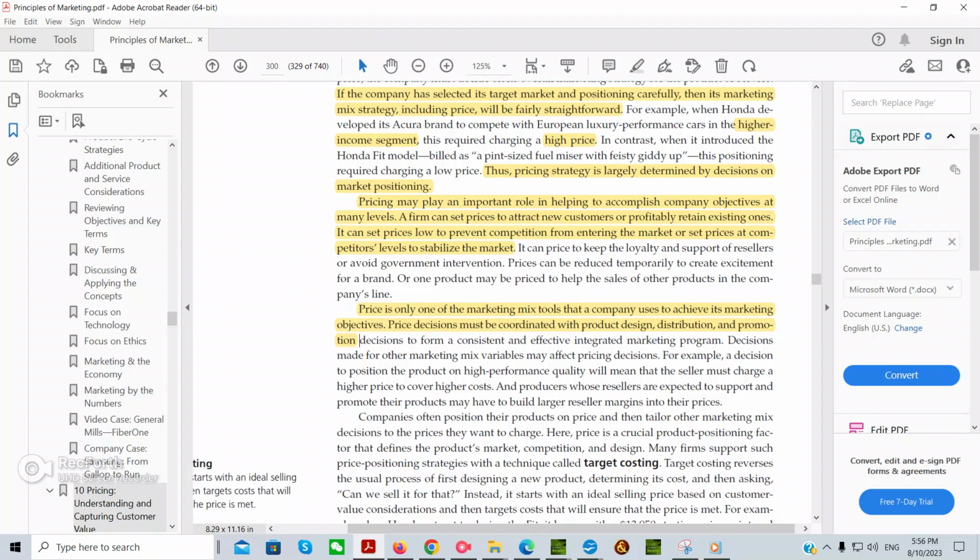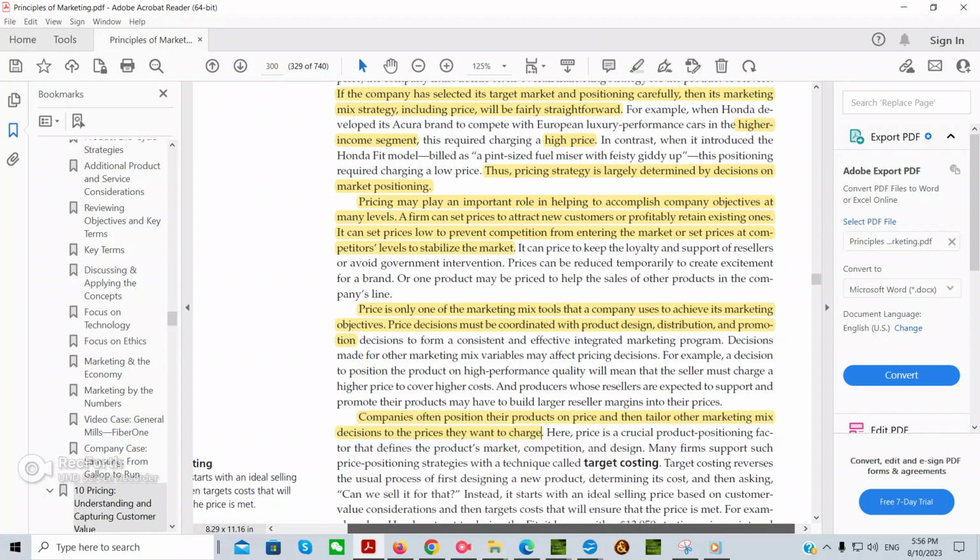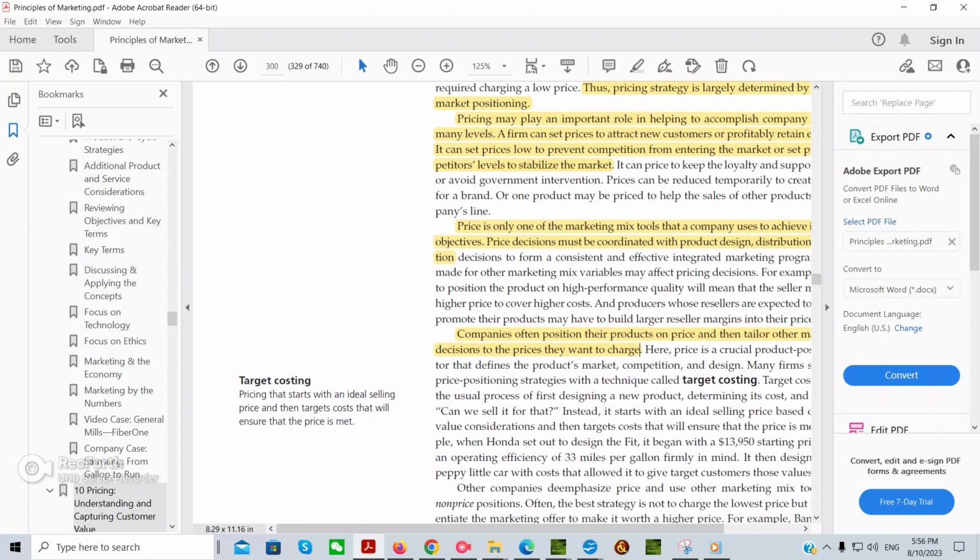And also with the venue, if they're paying more, you need to provide something that is commensurate in value. So it goes both ways. Companies often position their products on price and then tailor other marketing decisions to the prices that they want to charge. So this can change depending on the market conditions.